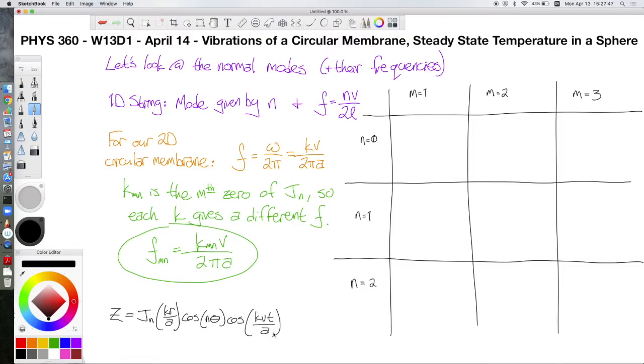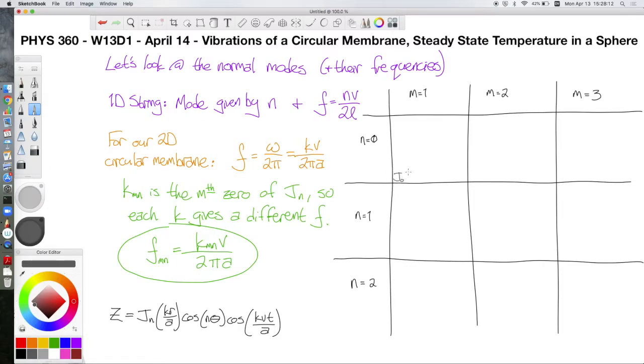For now we're using just the cosine parts of n, or the theta component and the time component, just to simplify our diagrams that we're going to make here. So when n equals 0, cosine of 0 is just equal to 1. So in this first box up here, we can rewrite our expression for z as follows.